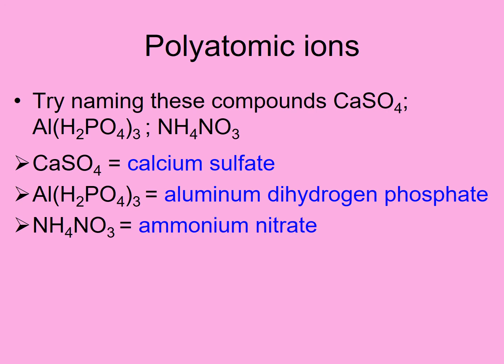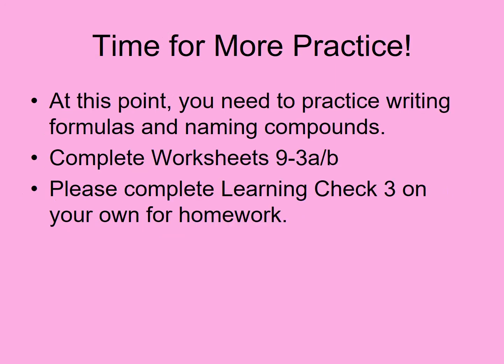In the first one, we have calcium and sulfate, so that would just be calcium sulfate. The next one, we see Al, and then we see a complicated polyatomic ion, H2PO4. You might recognize PO4 as phosphate, so if you put 2 hydrogens on there, it would be dihydrogen phosphate. So it's aluminum dihydrogen phosphate.